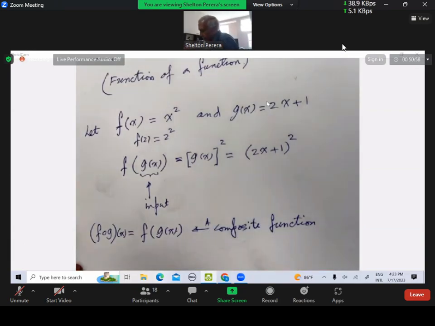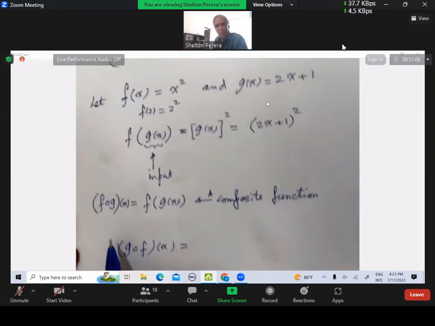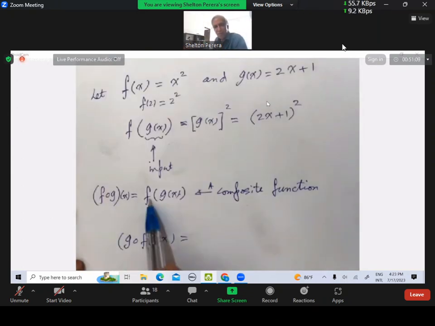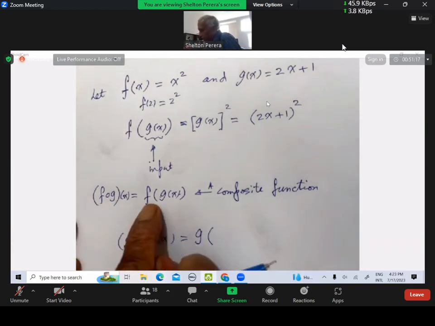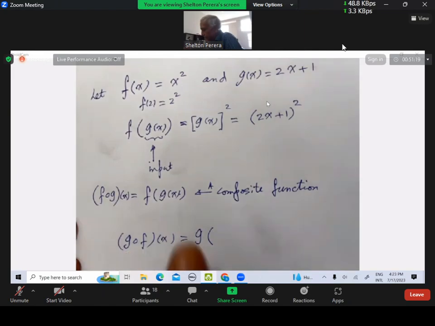Now try g o f of x. We said f o g of x is f of g of x. So if I write g o f of x, that is the same as g of f of x.